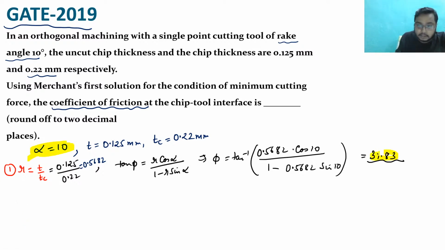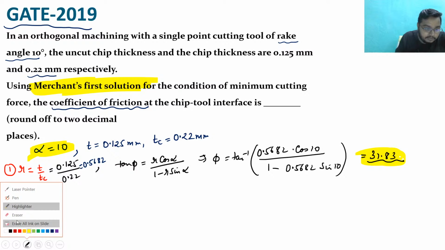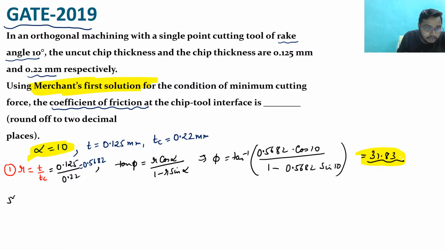Now, once you have found the value of phi, alpha is 10, phi is 31.83, and in the question it is given to use Merchant's first solution. So everything is given to you, and you have to use Merchant's first solution. From Merchant theory, 2 phi plus beta is equal to 90 plus alpha.